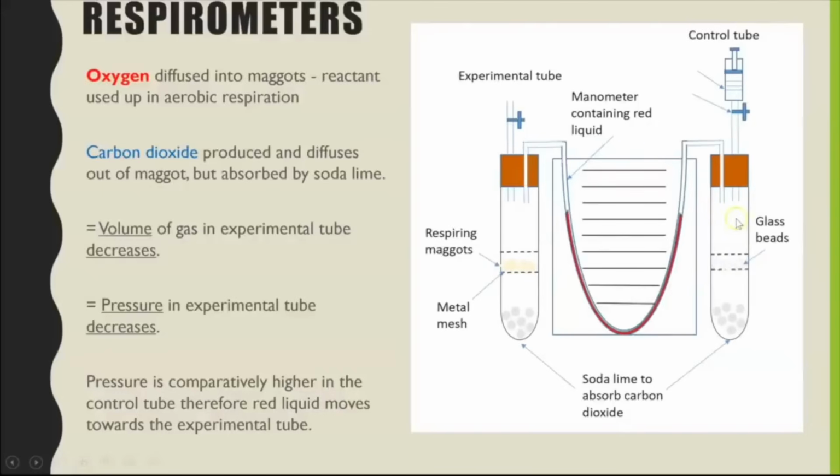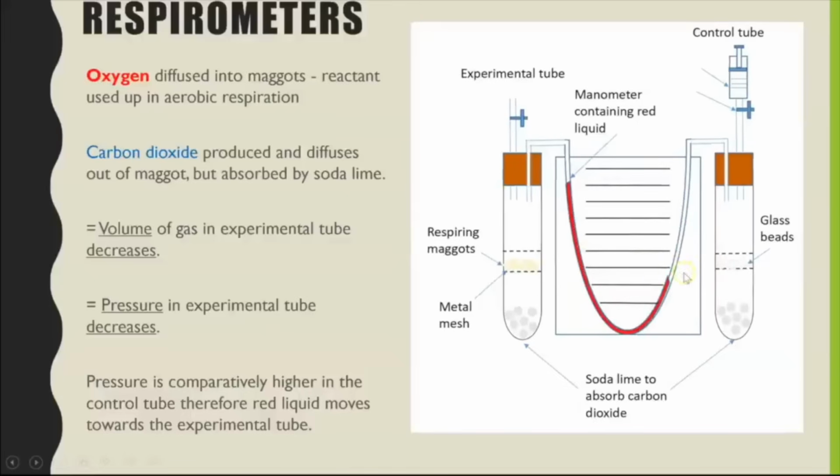And because the pressure is comparatively higher in the control tube, that will then force the air around and the liquid inside of the manometer tube, and therefore the liquid will start to move towards the experimental tube. So if we left it for 5 minutes, we might expect to see the liquid has moved around.